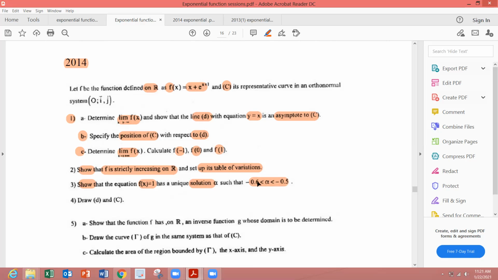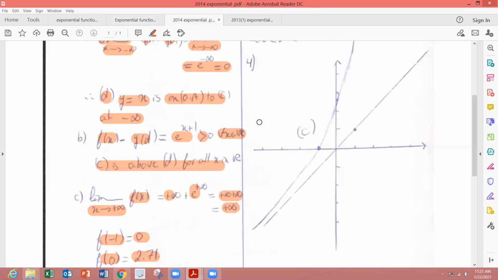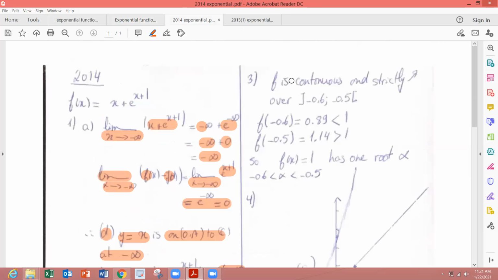We calculate f(-0.6) and f(-0.5), and we compare them to the 1. So f is continuous and strictly increasing over [-0.6, -0.5].